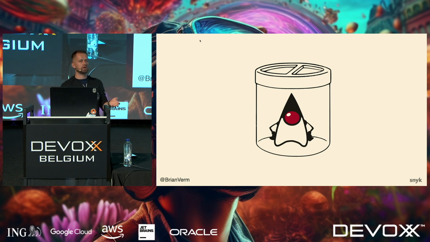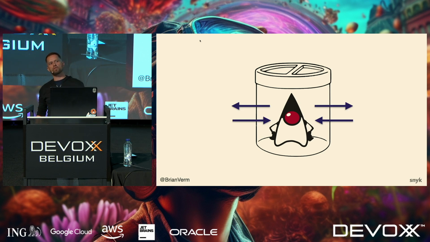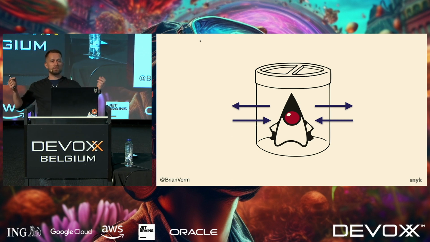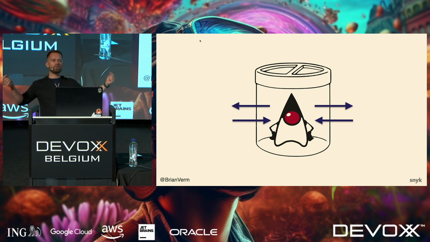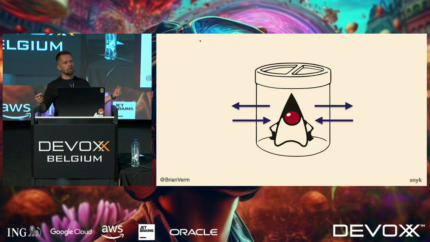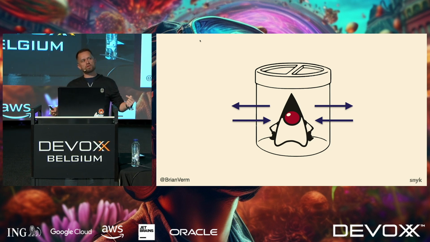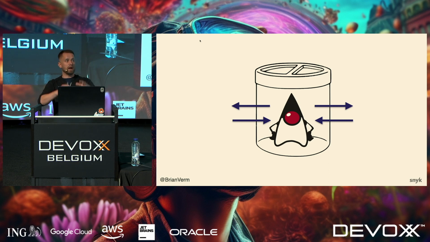Actually, it's a container with holes in it because we need to have interaction with the outside world. Unless you don't, but I think your Java application needs a connection with a database. Maybe a user might make sense. So information needs to flow in and out. Still, we think of containers as these boundaries between the outside world and your application.